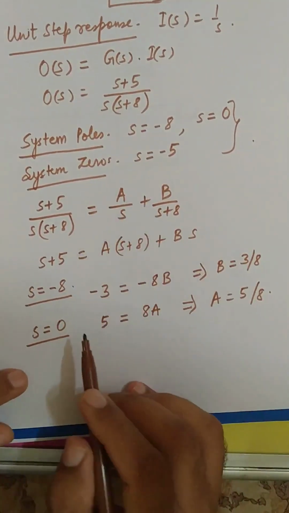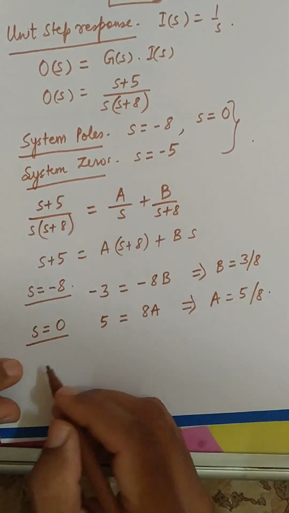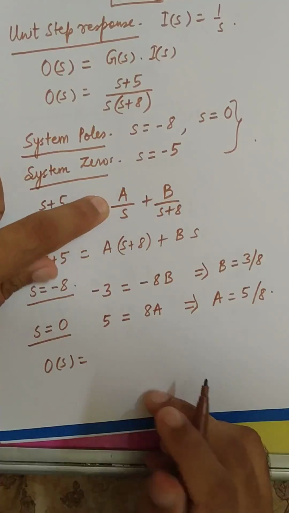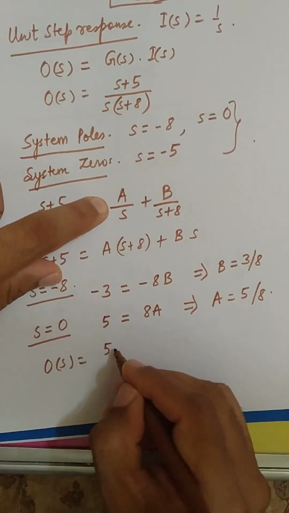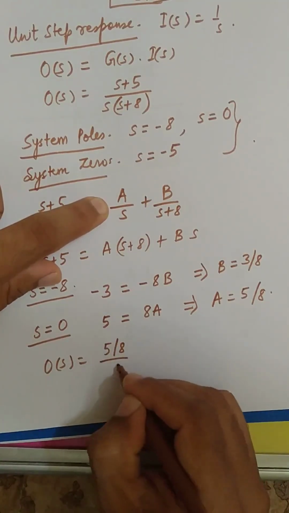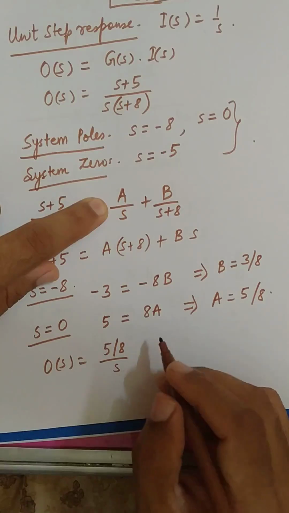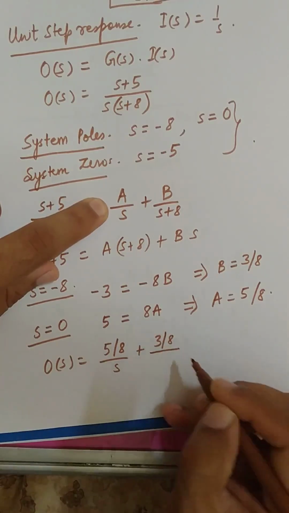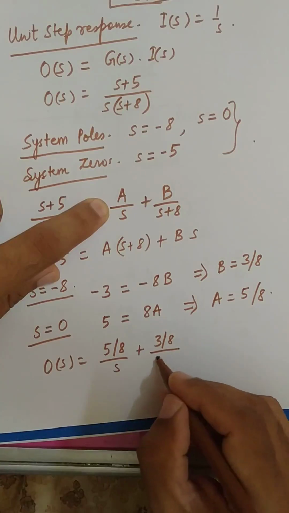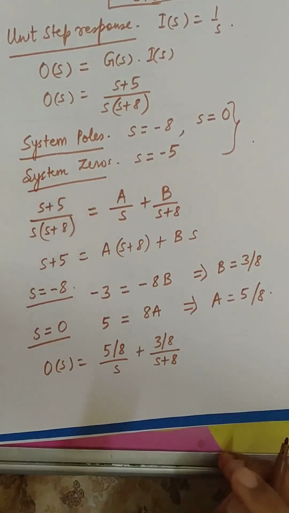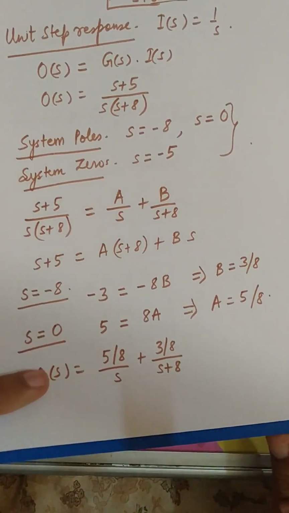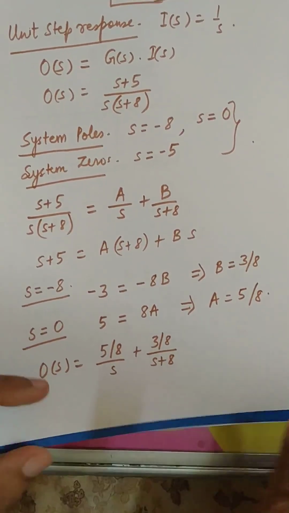Then the output, C(s), can now be written as 5 by 8 upon s plus 3 by 8 upon s plus 8. This is the output in the Laplace domain.